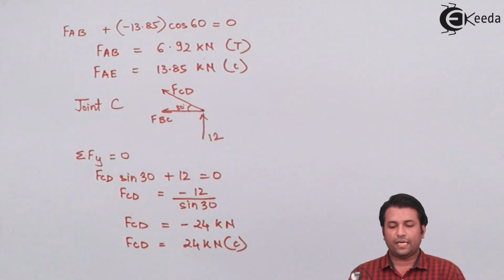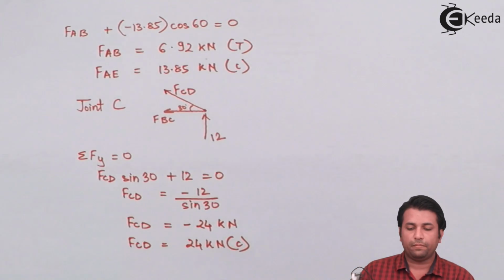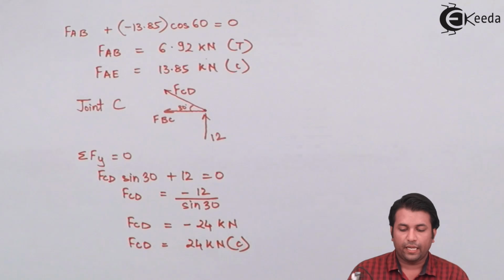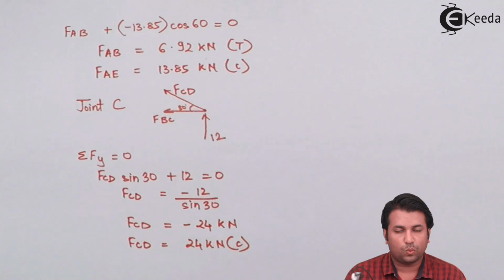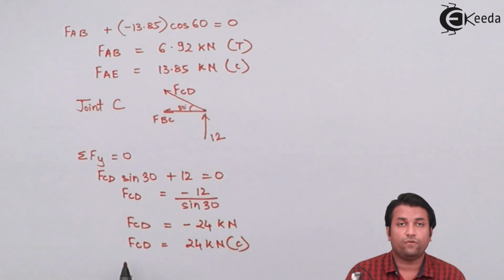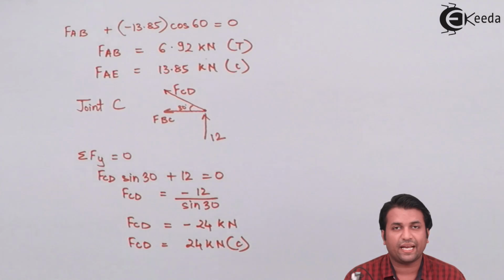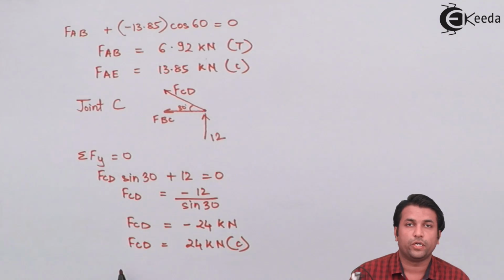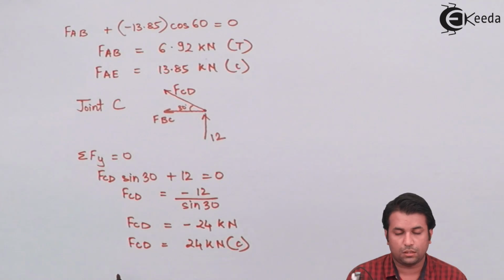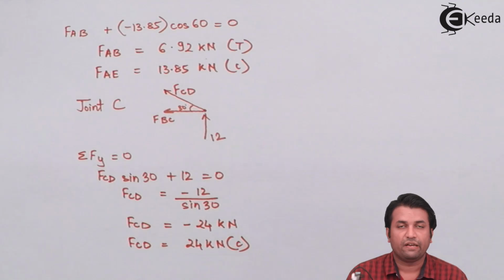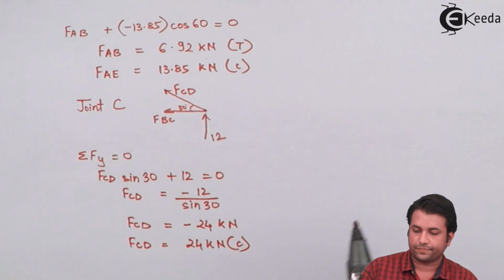Now, you can see that applying the condition of equilibrium at joint C in the direction of Y, that is the vertical direction, I'm getting the force in the member CD to be negative, and that is 24 kilonewtons. So the nature of the force in this member will be compressive.